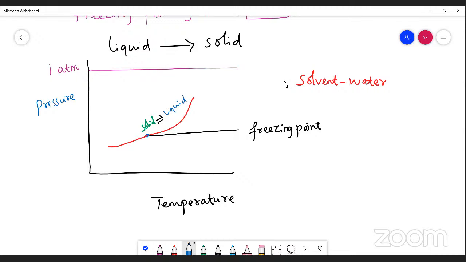After that, it exists as a solid. That is why in your book they have given this area as frozen solvent. If you take an example of a solvent liquid, it exists in the form of ice. Now I am going to decrease the temperature.